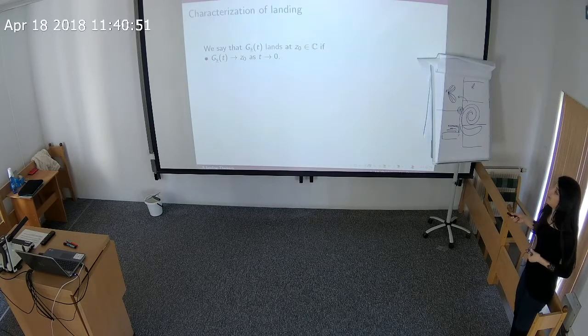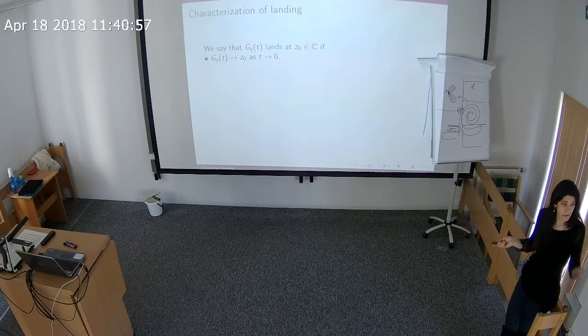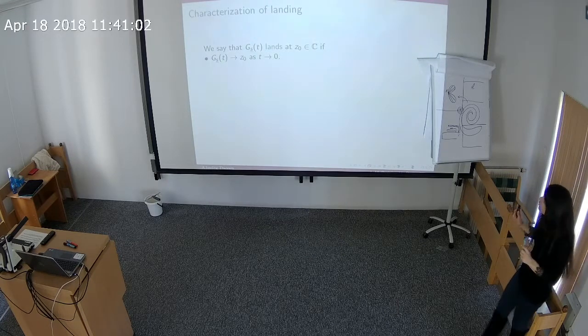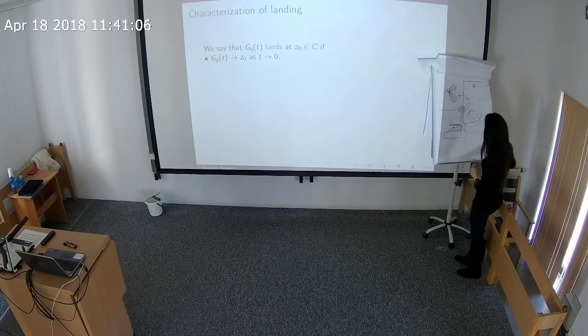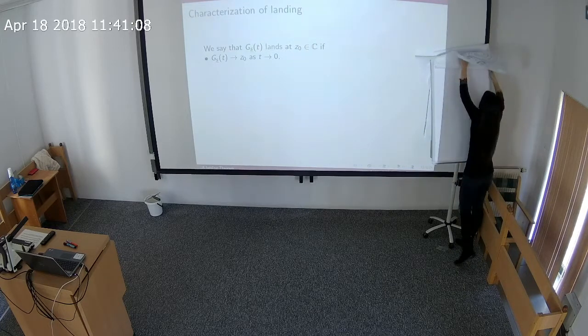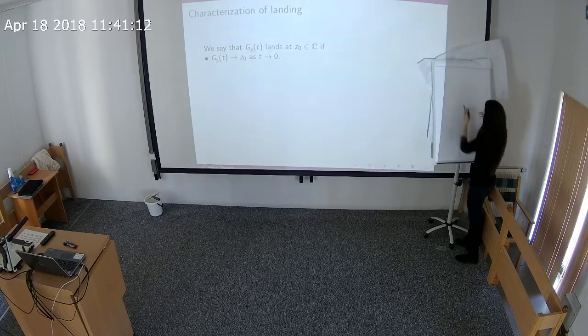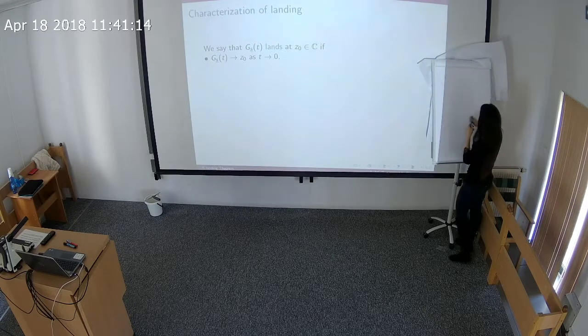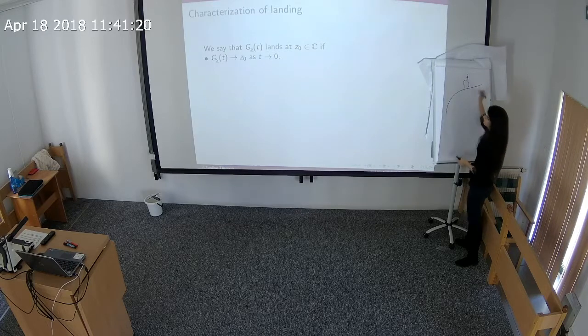And there are many characterizations of landing. The one that I gave you before is that a ray g_s lands if and only if its closure minus the ray is just one point. But what usually people do, especially in polynomial dynamics, is take a fixed ray, a ray which is mapped to itself by a function f, and of course periodic is the same.